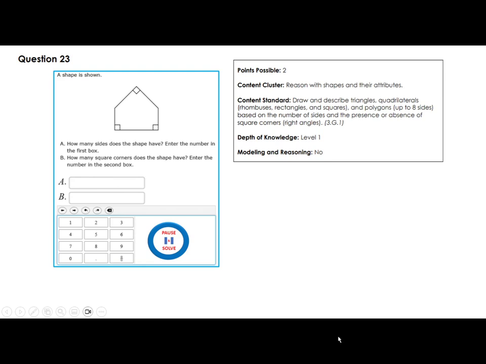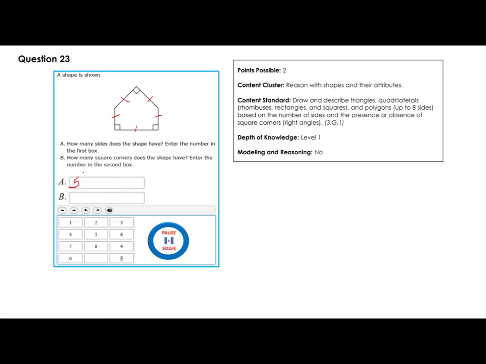This question is, again, a piece of cake. A shape is shown. How many sides does the shape have? Enter the number in the first box. You can start counting: 1, 2, 3, 4, 5. 5 sides, so that would be 5 here.